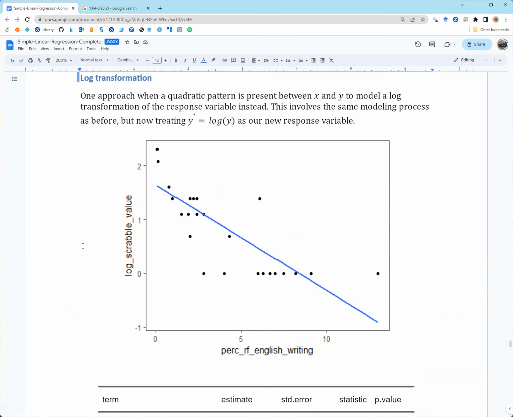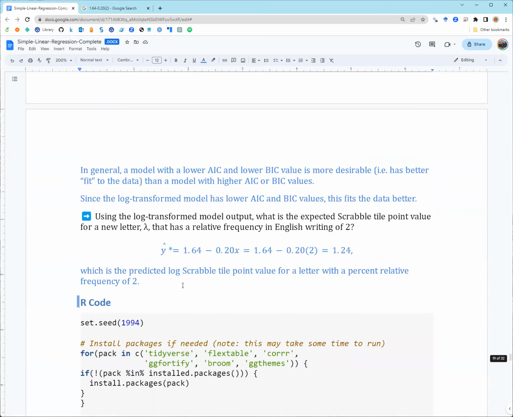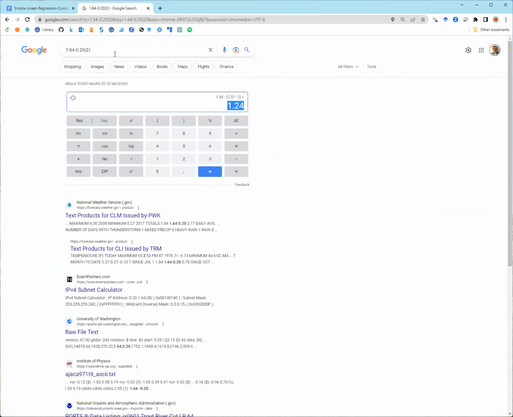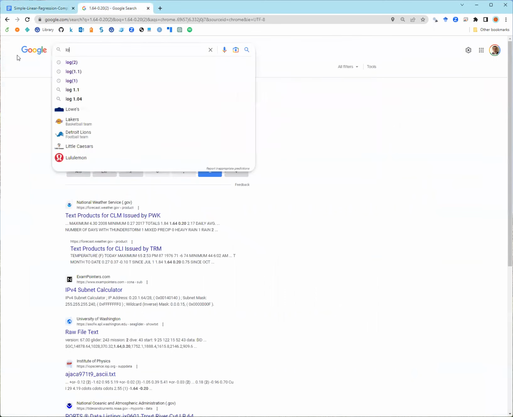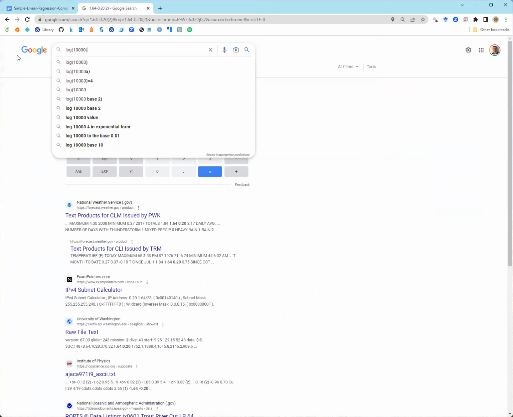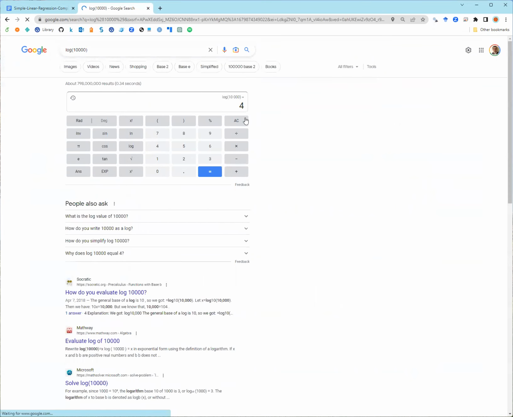Thinking about another example, if you're relating advertising expenses to sales and you do a log transformation of the sales, you then get a prediction for the log sales, which is not the same. If you predicted $10,000 for sales, then the log of that is actually 4. Log of 10,000 is 4, the natural log.